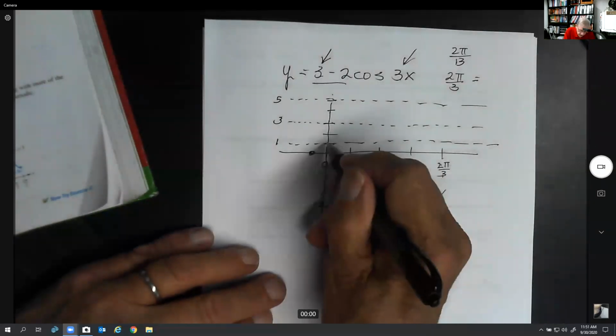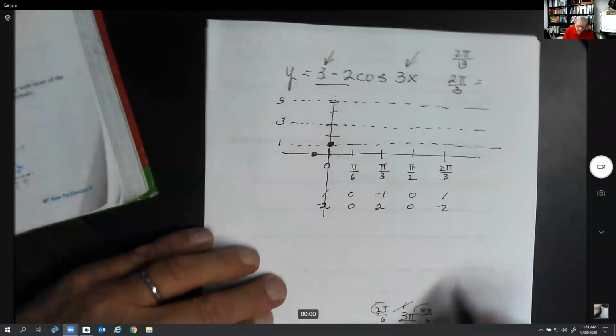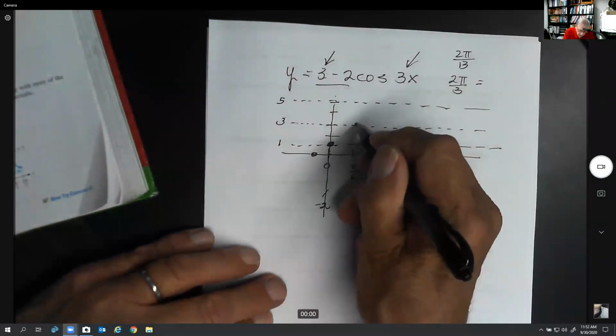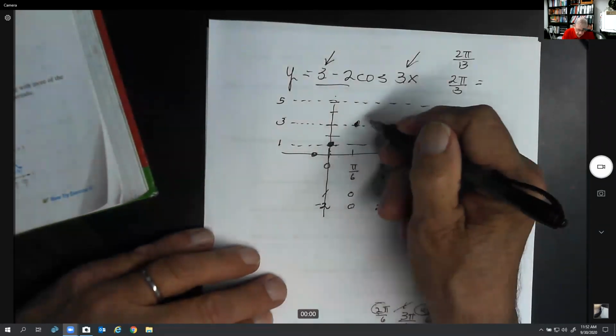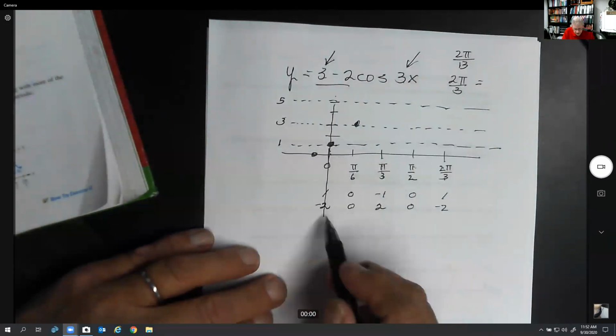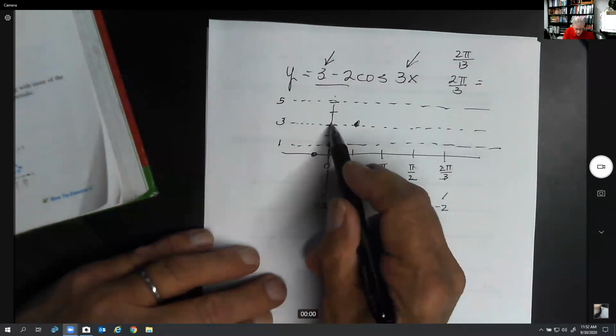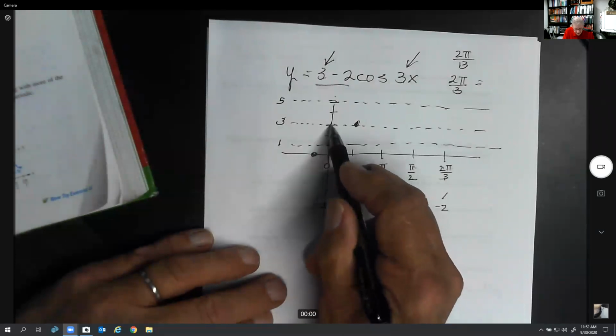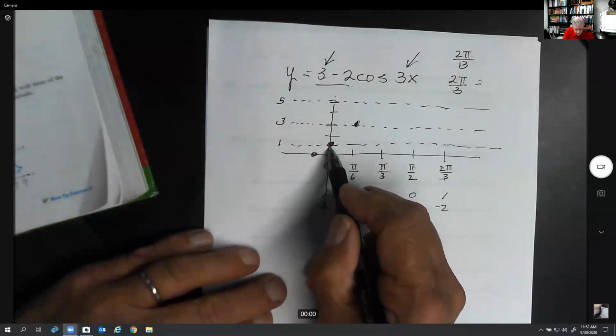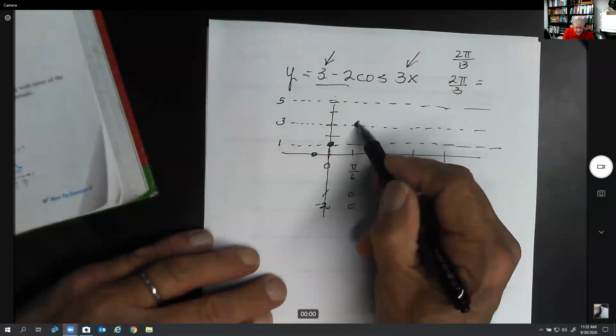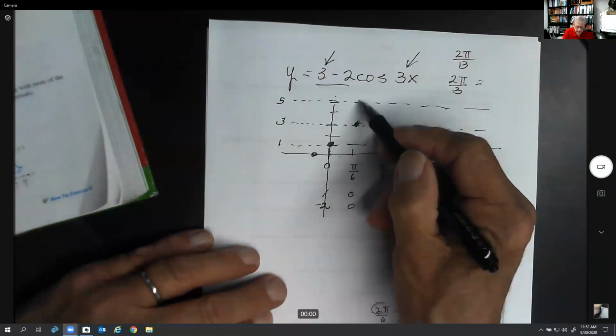So we're going 2 down from the center line. Then we're going up 0 units. Then we're going up 2 units from the center line.